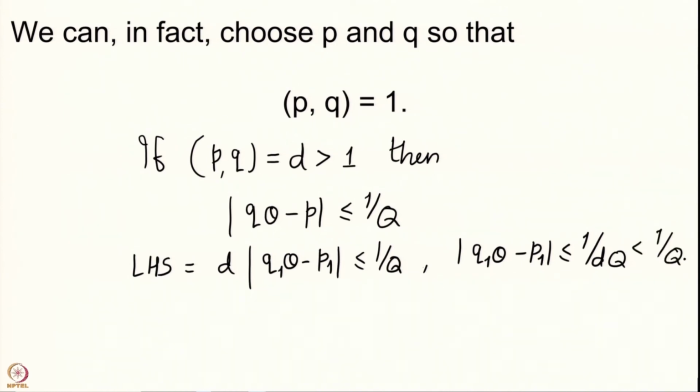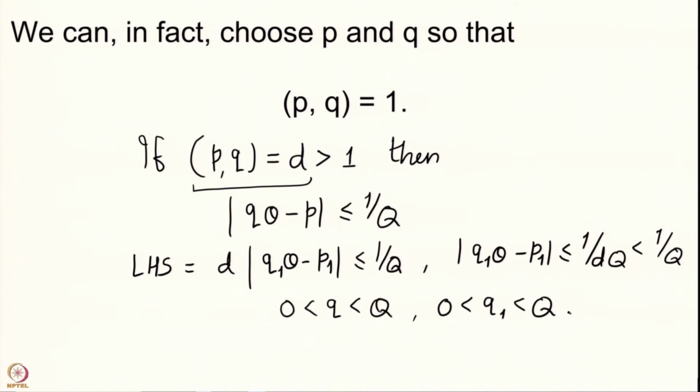So, if you had a non-trivial GCD for p comma q, you can cancel that GCD out and you have these numbers, and of course we had our small q to be less than capital Q, and we would continue to have q1 to also be less than capital Q.